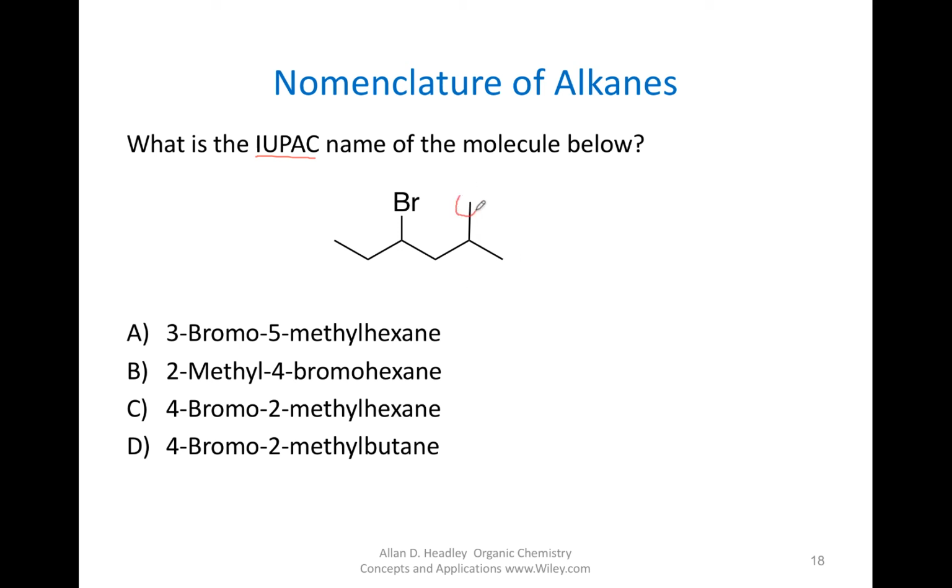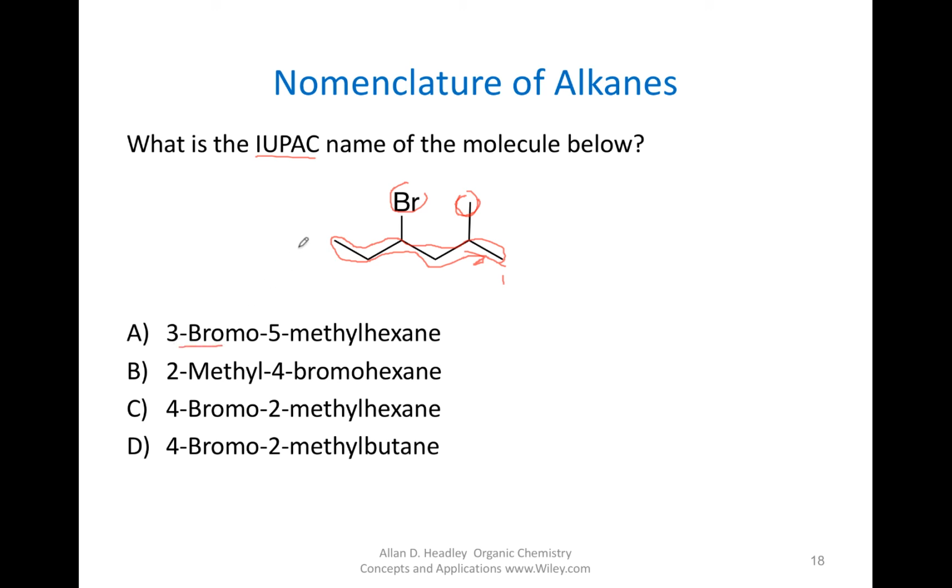Here's a branch. I would probably start here and move through this as my longest chain, numbering 1, 2, 3, 4, 5, 6. So it's a hexane. And we have a group on the second carbon, a methyl, and a bromine on the fourth carbon. So let's see which one matches.